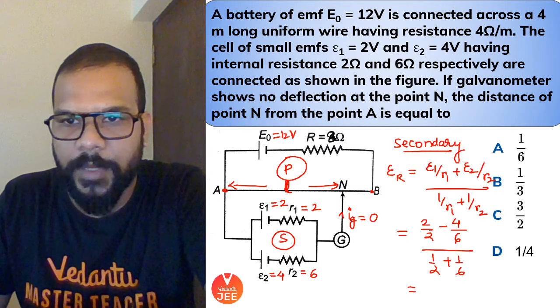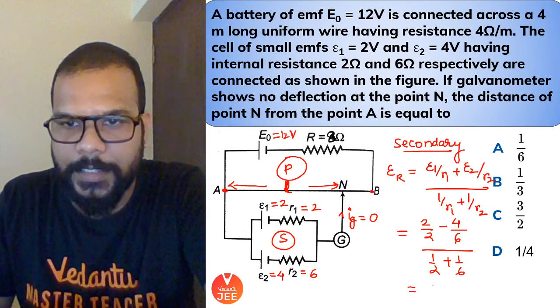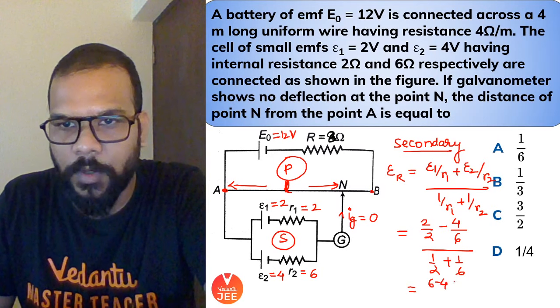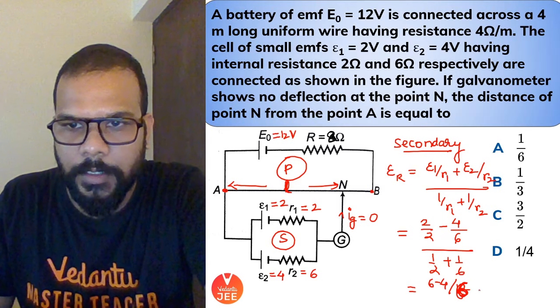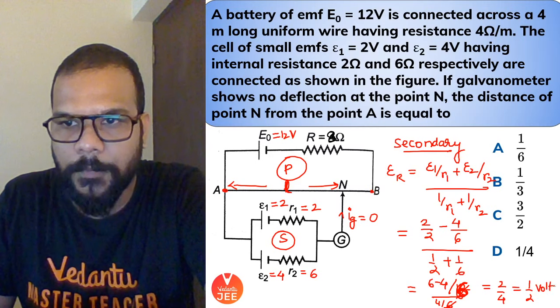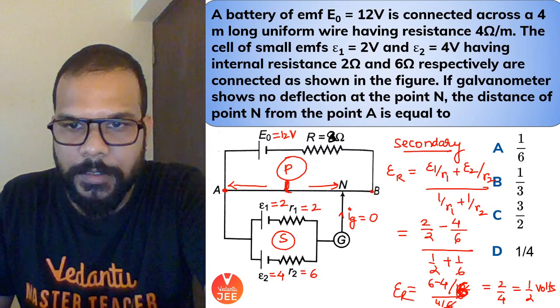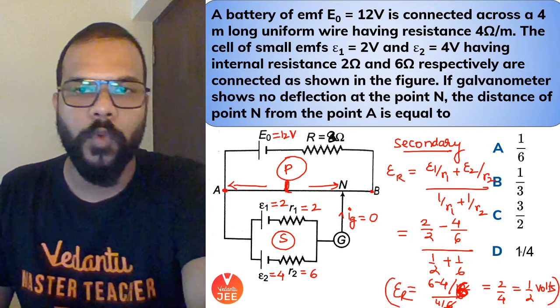So when we simplify this, taking the LCM, this comes out to be 6 minus 4 divided by 6, and the other denominator is going to be 4 by 6. So when I cancel this, I get 2 by 4 or simply 1 by 2 volts. Okay, so E equivalent comes out to be 1 by 2 volts.